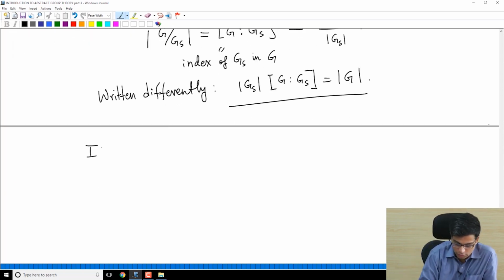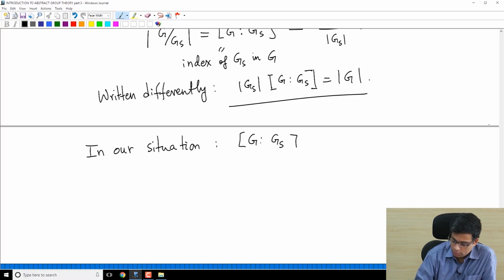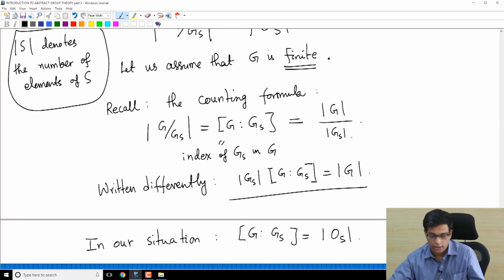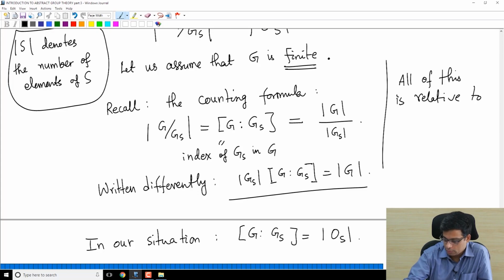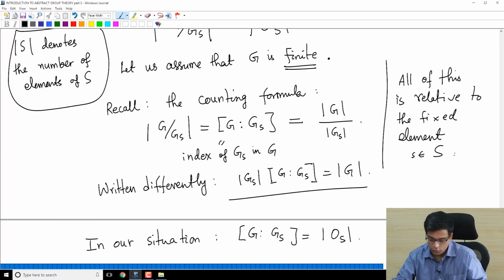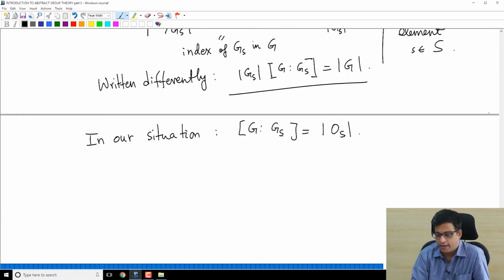In our situation, the index of GS in G is, by the theorem that we just proved, all of this relative to the fixed element small s in capital S. So every time you see small s here, I am referring to that fixed small s. So in our situation, the index of GS in G is the orbit size.